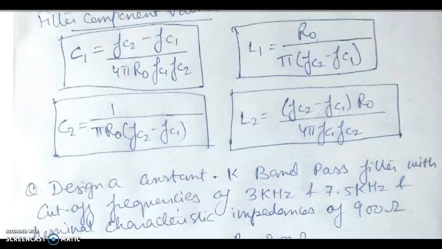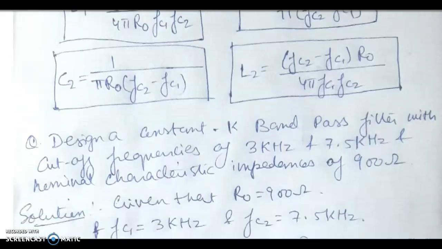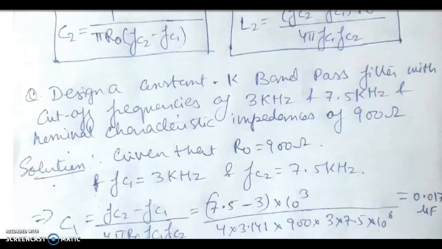So suppose we have to design a constant K band pass filter with cutoff frequencies of 3 kHz and 7.5 kHz and nominal characteristic impedance of 900 ohm. So the given condition is R0 is equal to 900 ohm and two cutoff frequencies are there, 3 kHz and 7.5 kHz.